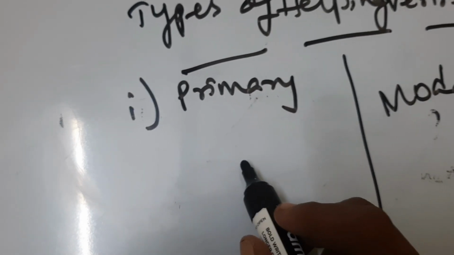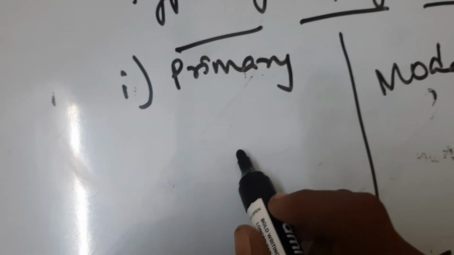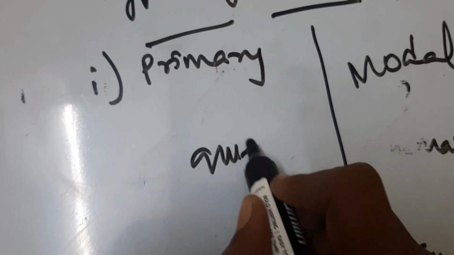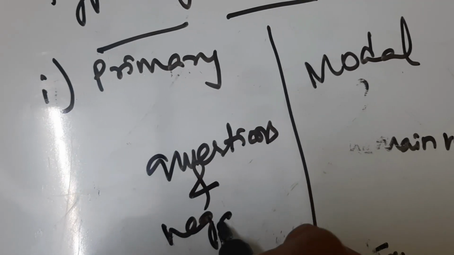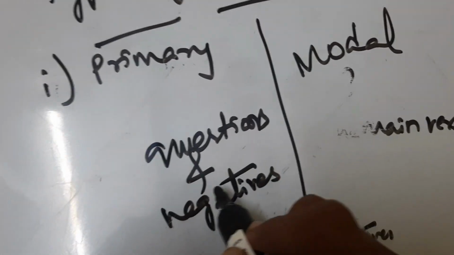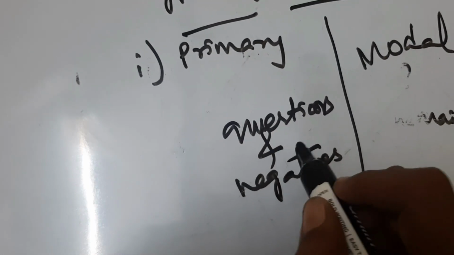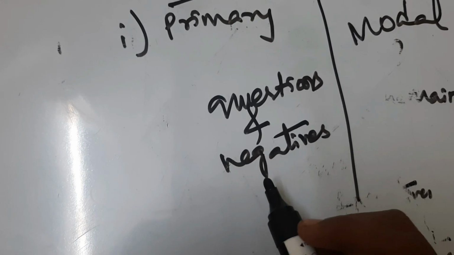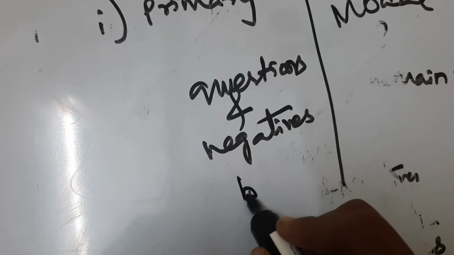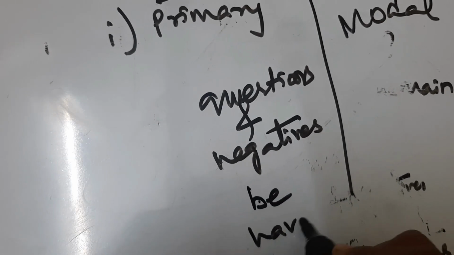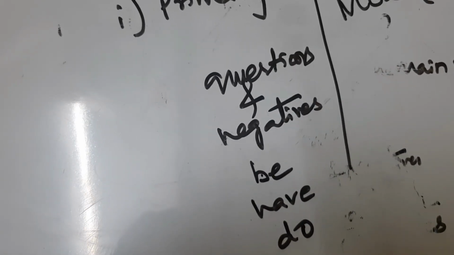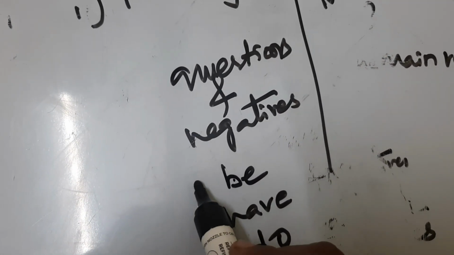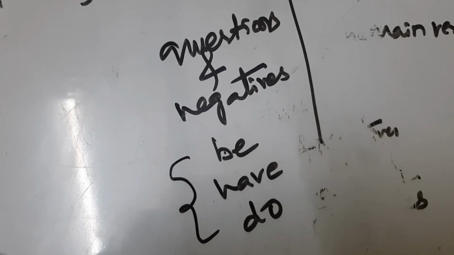Primary helping verbs help to create the different tenses and are used in making questions and negatives. The three main helping verbs are be, have, do. These are the primary helping verbs.